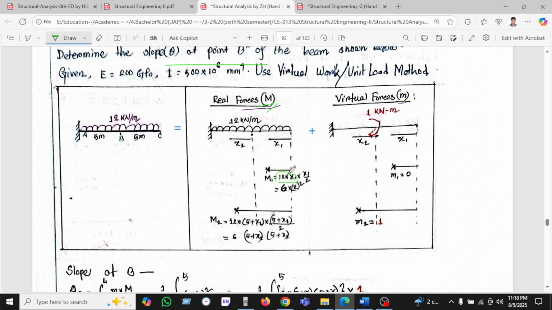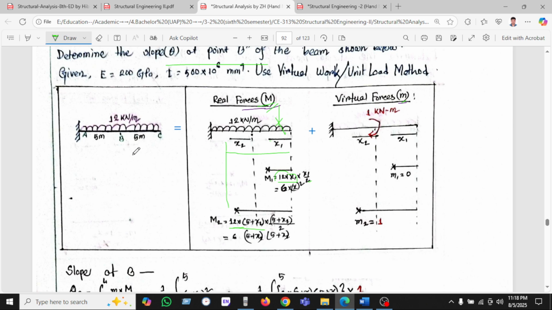So 12 into x, and it will be acting at x divided by 2, as we have to consider it as a point load. And M2, we are calculating M2 for this portion. So what will happen? M2 is 12 into x plus 2.